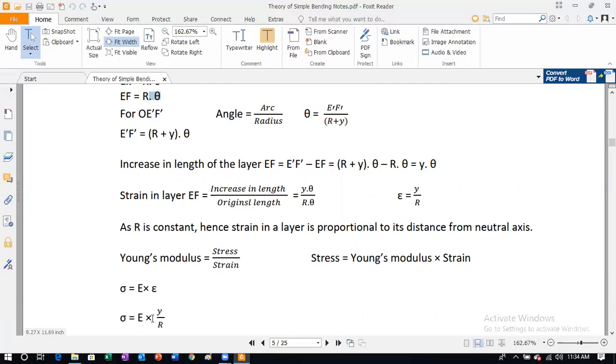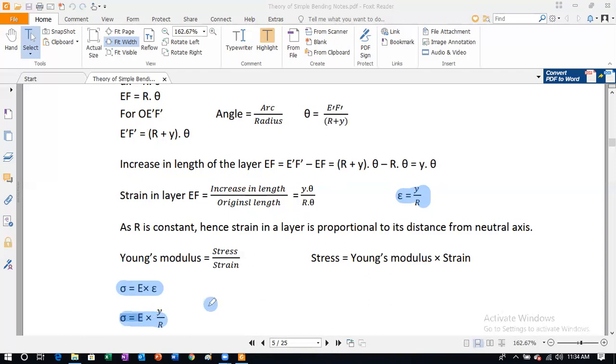So we will have sigma is equal to E multiplied by strain, and we have the value of strain as y upon r. Putting it in here, we will have finally sigma is equal to E multiplied by y upon r.